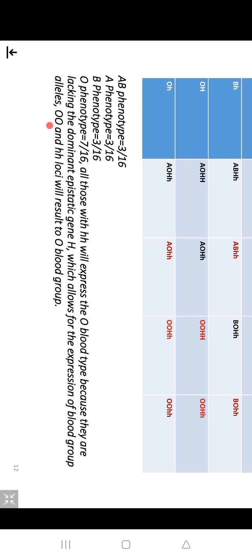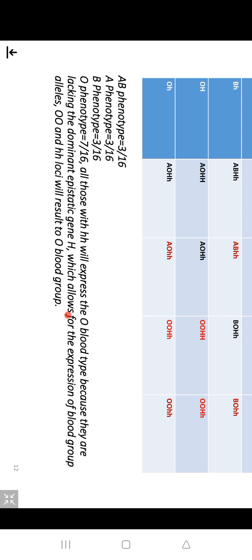Of course, the OO, this one will be O. This one will still have the O, even if they have the dominant H and the H protein is produced, the other allele says O blood type. So these are just obvious. This one will be O, and the other 3 will still be O. So any individual who has OO or recessive hh will produce a blood type O.